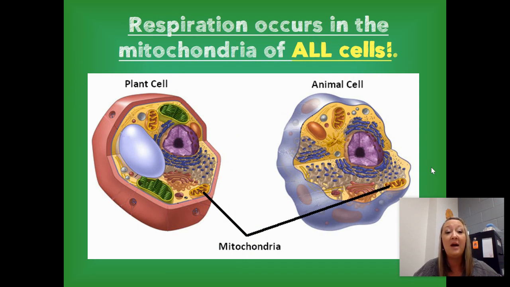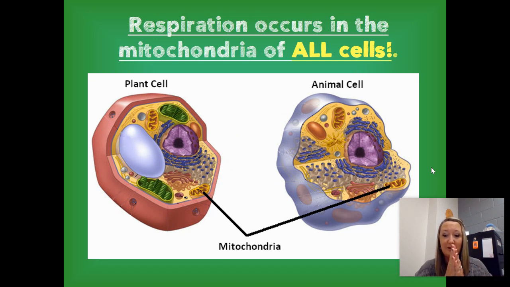Respiration occurs in the mitochondria, right? We talked about the different organelles last week. We talked about the nucleus and vacuoles and endoplasmic reticulum and all those cool things. And respiration is what happens in the mitochondria. If you remember from last week, we call the mitochondria the powerhouse of the cell, and that's because it provides the energy for the cell.